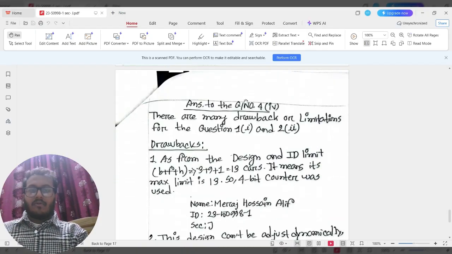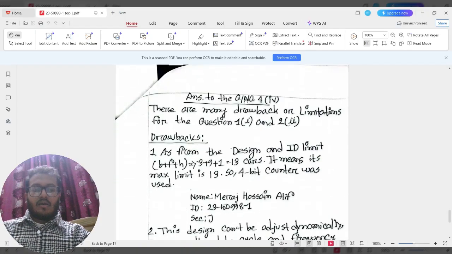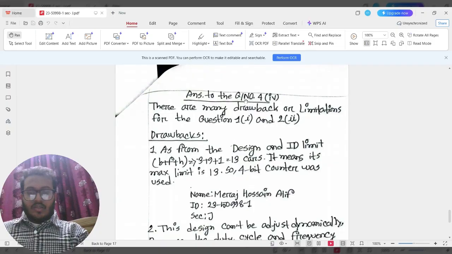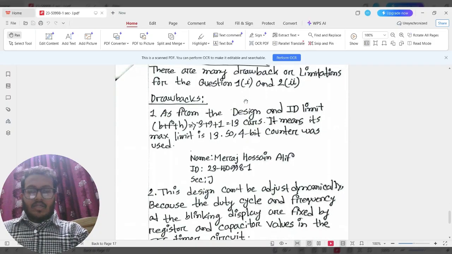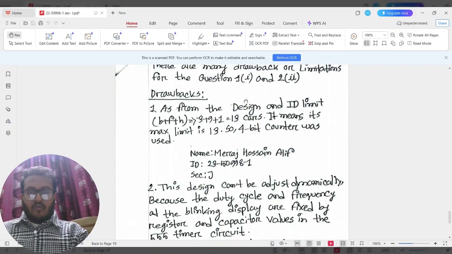In question number 4, there are many drawbacks or limitations for questions 1 and 2, and I write them in question number 4.